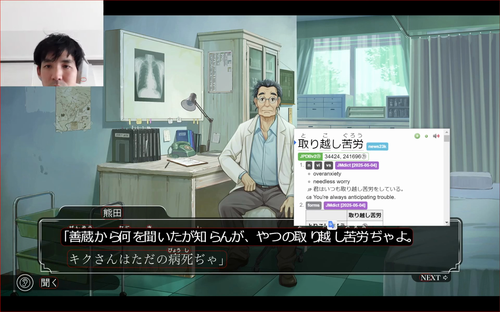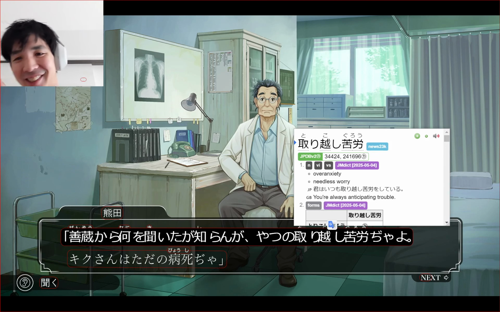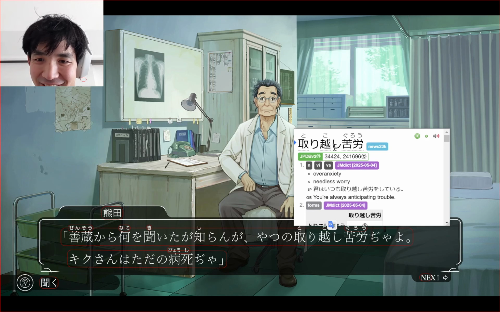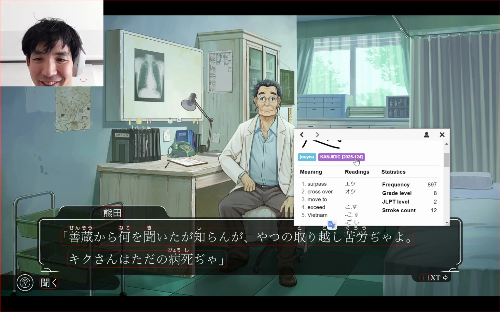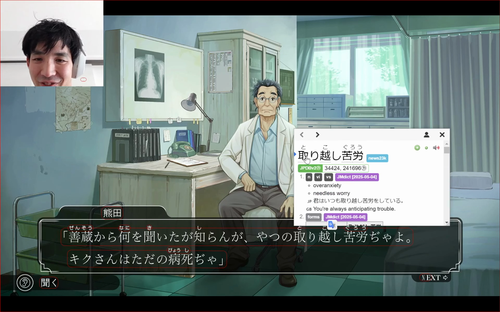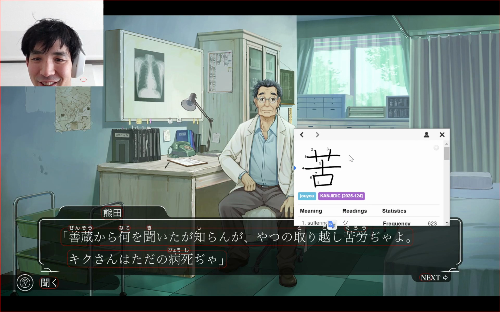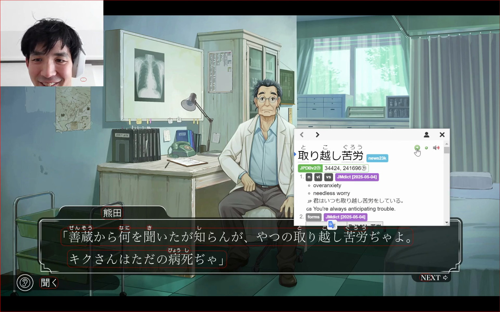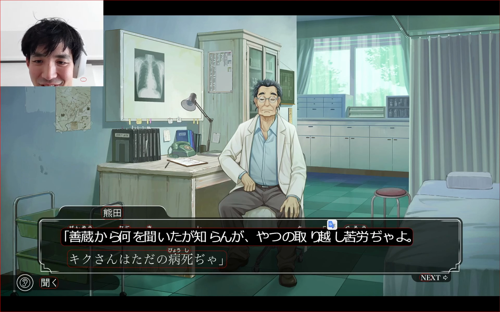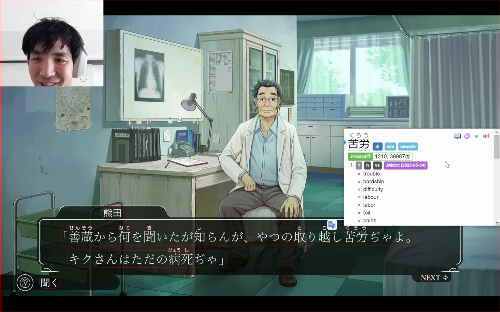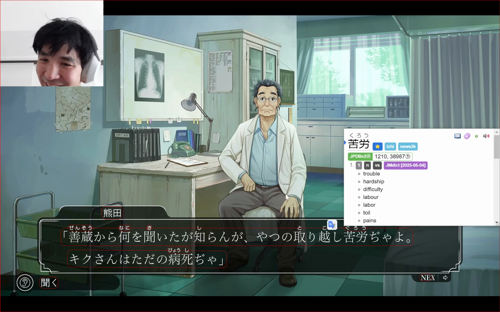Torikoshi Guro. Over anxiety? This is the word that we need to know. Guro is like suffering and effort. So Koshi is what? Anxiety? Surpass, cross it. Oh, surpass. Taking excessive Guro. Okay, I think I need this word. Torikoshi Guro. Guro is like hardship and trouble. Difficulty.